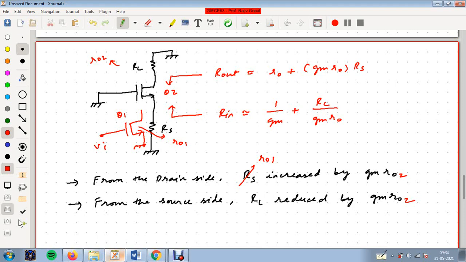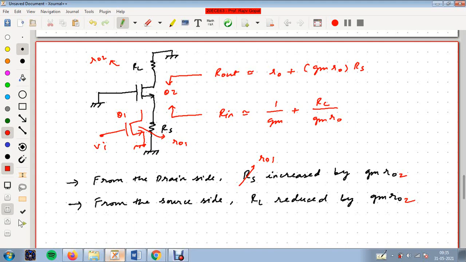Try and understand this. I'm simply replacing RS with a common source amplifier which has a drain to source resistance of R naught 1. I'm calling the transistor Q1, and the common gate transistor Q2. So you can see that earlier, if I simply kept RS, that RS was increased by Gm R naught, right?